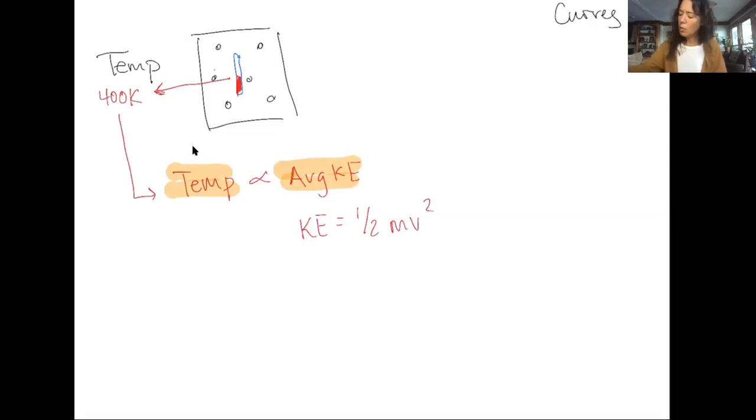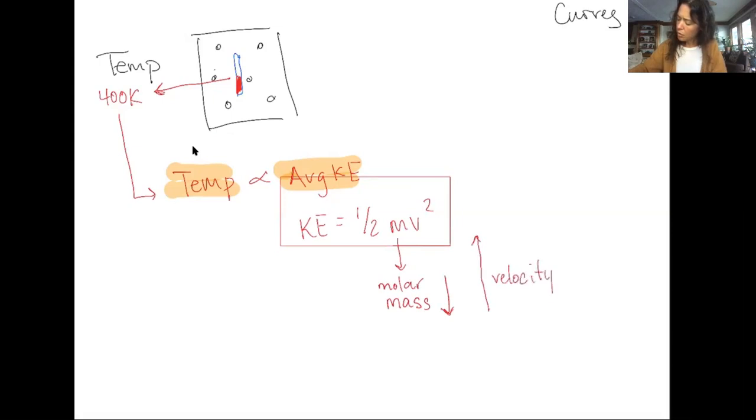What we will see, though, according to this second equation, is, notice, and I elaborated on this the other day, if the mass, and you would think molar mass, goes down, this for us will be the molar mass of the particle, then the velocity must go up in order for the kinetic energy to remain the same at a given temp.